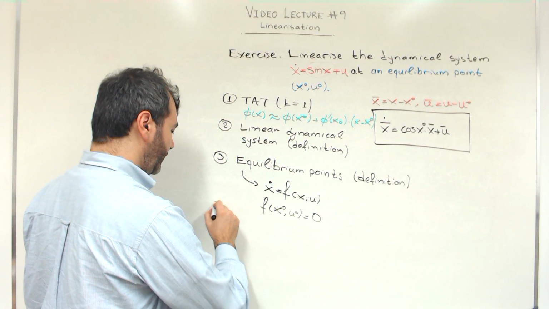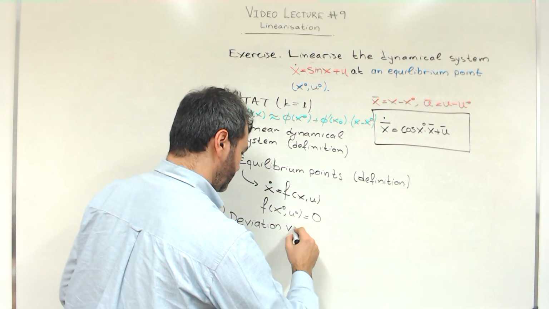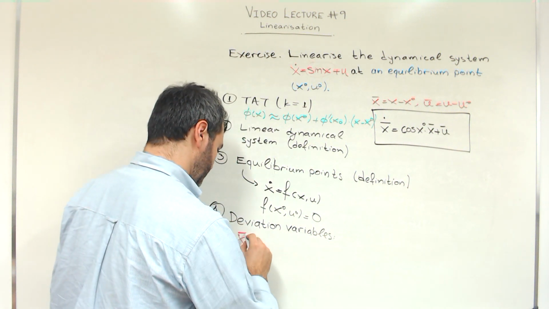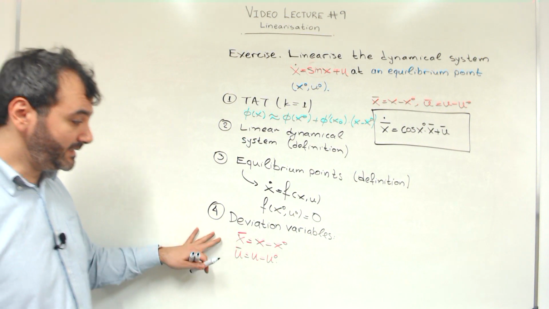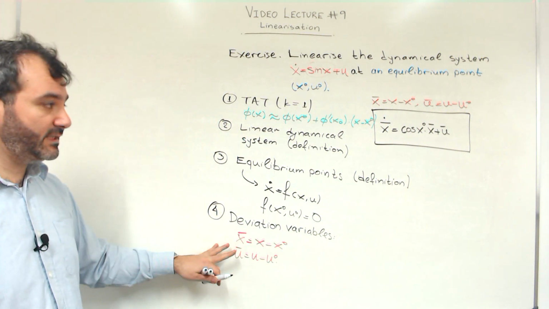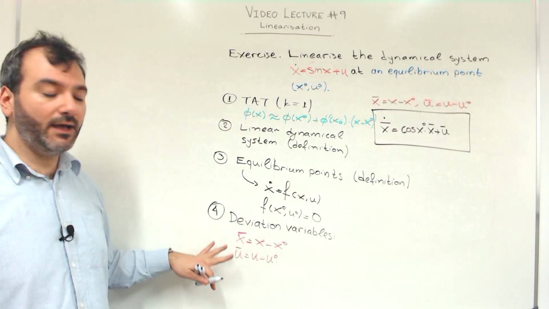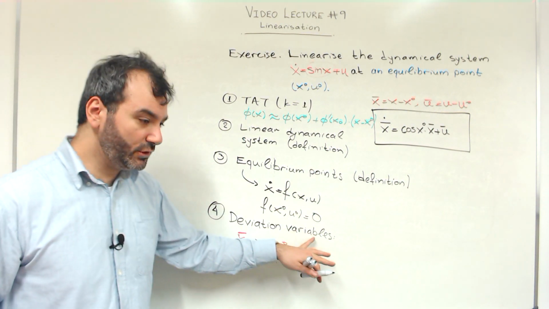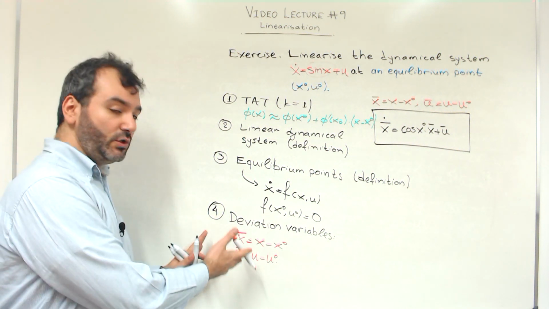And the fourth thing to have in mind is deviation variables. Whenever the system we derive from linearization is not linear but affine, we can introduce deviation variables, and then the system becomes linear in these new variables.